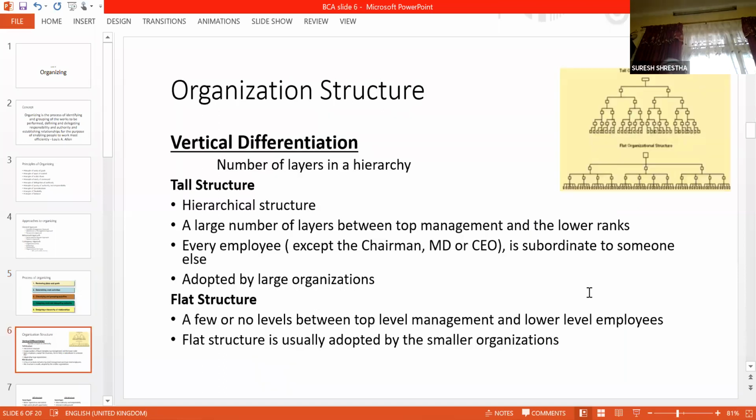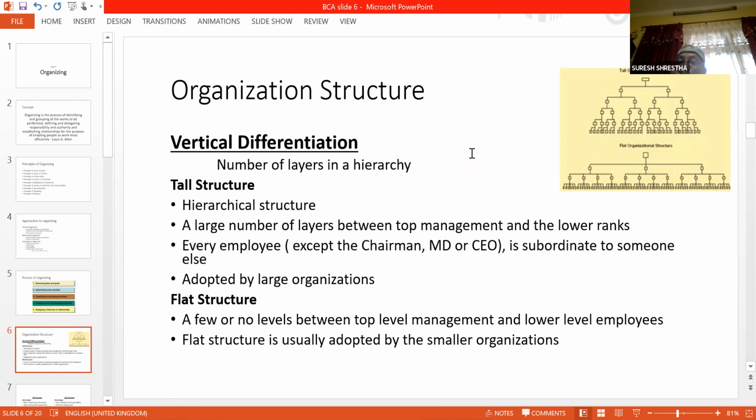Okay. अब organization structure, organizing गर्दाखेरि चाहिँ नि there are two things. Organization को differentiation चाहिँ नि दुई किसिमले हुन्छ. One is vertical differentiation and another one is horizontal differentiation.